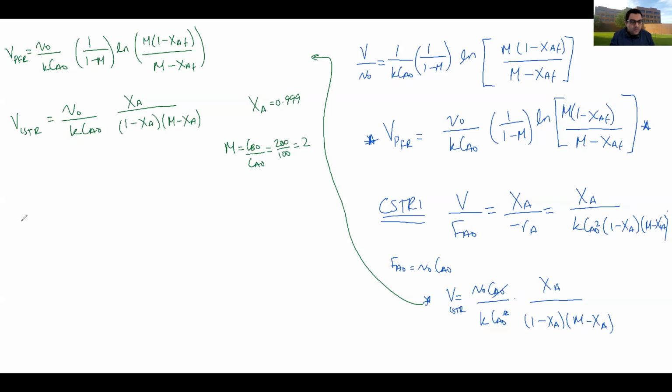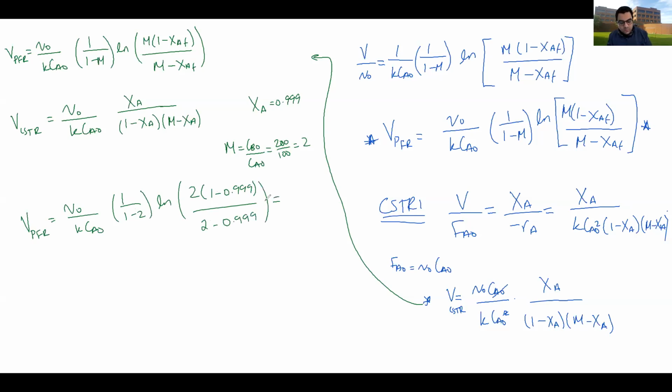So let's calculate the volume of a PFR, which is equal to V naught over K CA naught times 1 over 1 minus 2, ln of 2 times (1 minus 0.999) over (2 minus 0.999), right?